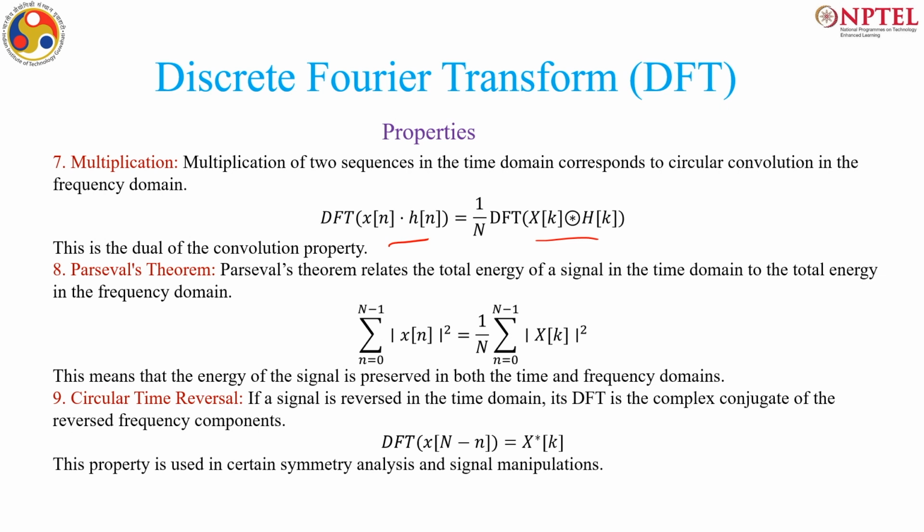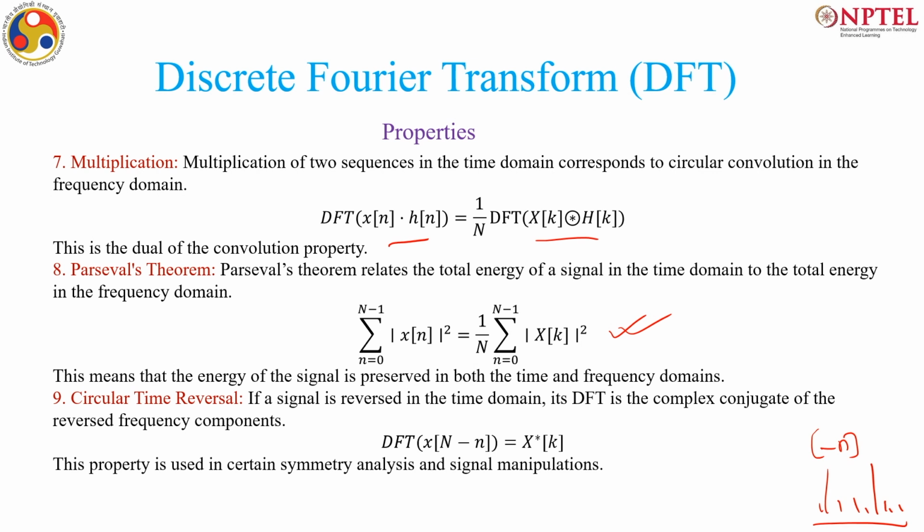And then Parseval's theorem, which is just the energy conservation, given by this relation, and circular time reversal. Here I do not get just x of minus n, rather I say it is x of N minus n, which means it is reversal with respect to the periodicity, because this signal is periodic in nature. If you see, this is like a circle rotating.